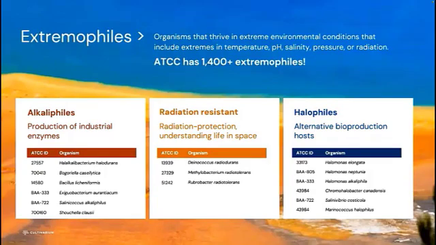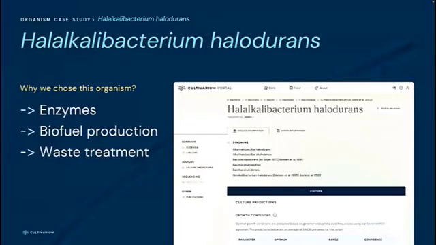And to showcase all the information that we have available in the portal, I would like to focus on one organism, Calcalibacterium halodurans, which is highlighted in yellow here. We selected this organism because it's an alkaliphile that is known for the production of alkaline stable enzymes for a wide range of applications like detergent manufacturing, biofuel production, and waste treatment.